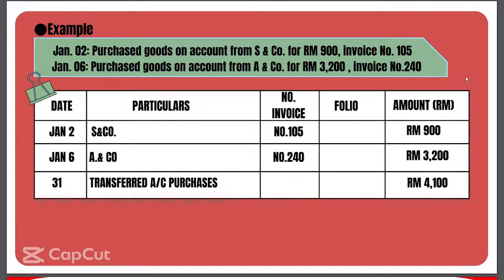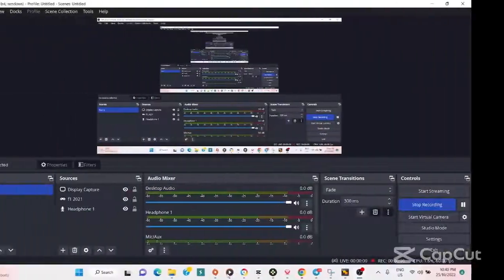And lastly, Jan 6, purchased goods on account from ANCO for RM3200, invoice number 240. The same as Jan 2, record the date, account credit, invoice number, and amount. That's all from me. Thank you.